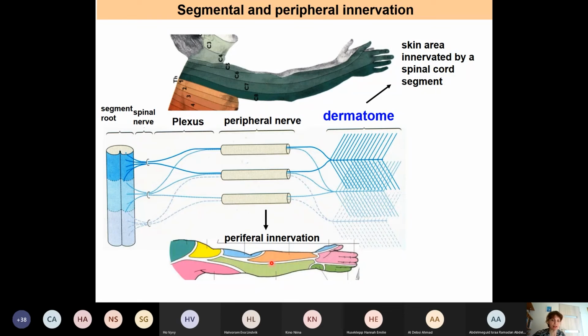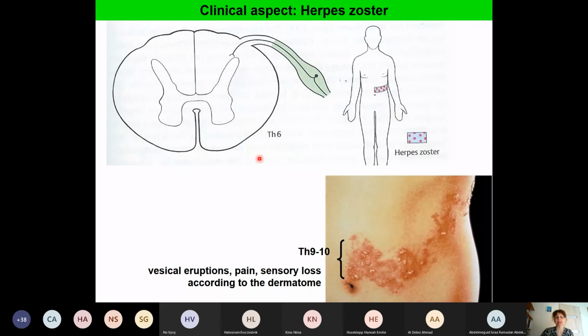So I want to emphasize that the segmental innervation and the peripheral innervation is not the same. And clinically, we could mention the herpes zoster.